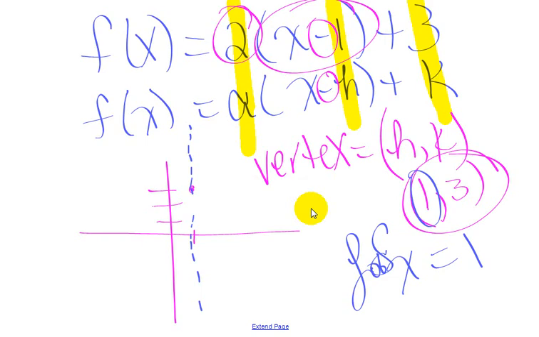Now what I want to do is pick a point to the right. So if that's 1, I'm going to pick 2 for x, and see where it falls on this graph. Okay, because I'm hoping it's going to be up here somewhere, and then I can reflect it. So we'll see. So let's plug in a 2 for x.